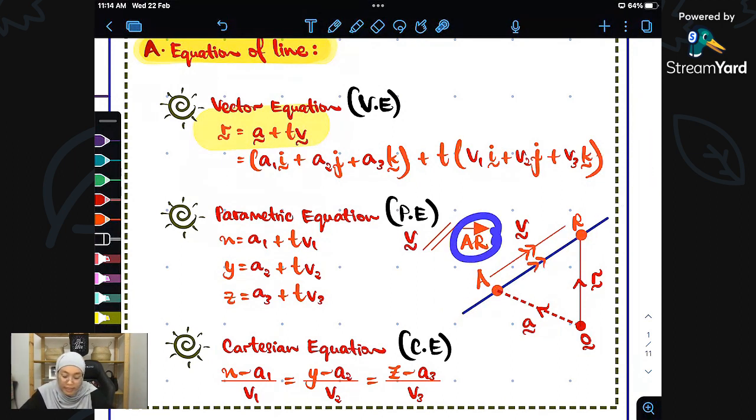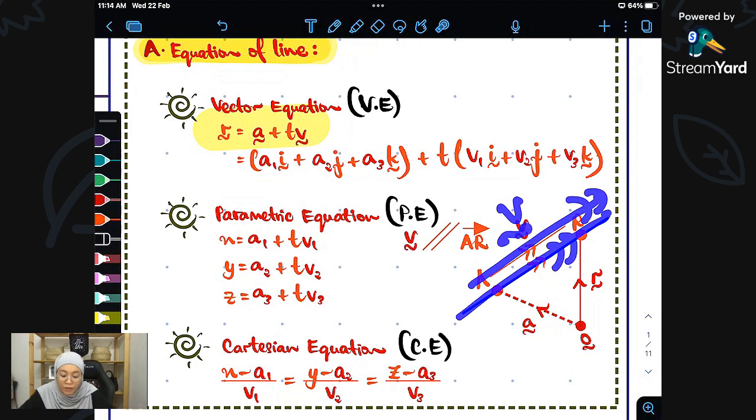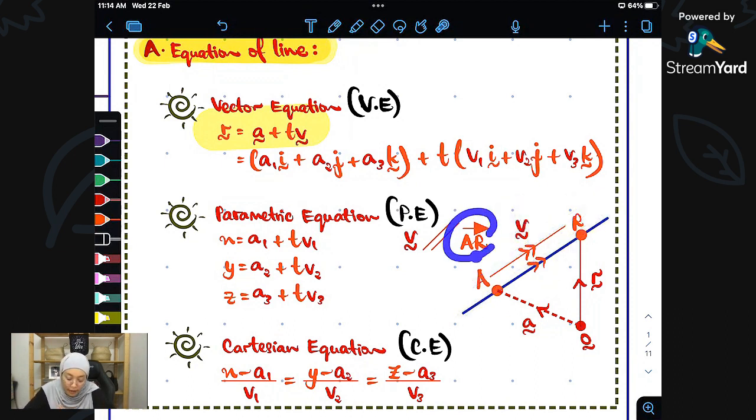In this case, kita boleh cari AR vector. And we know that this AR vector is parallel to the V vector. So kita tak pakai AR, kita pakai V vector di dalam formula equation of line. So equation of line ini mempunyai huruf V kecil, di mana kita kena cari sendiri kita punya V vector dan kita tahu dia parallel to the line.